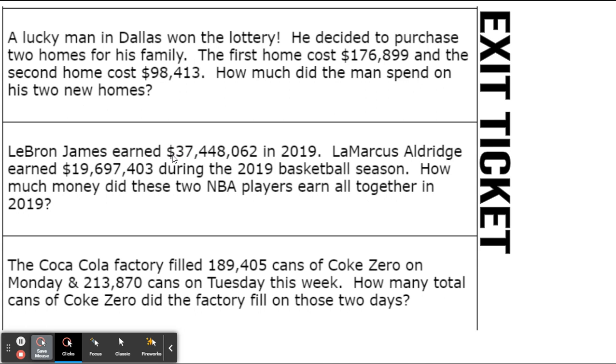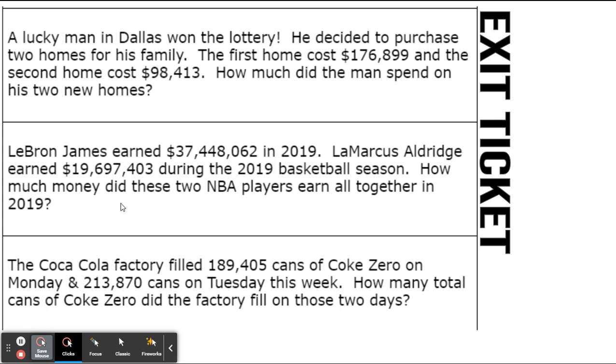Another thing I saw was with the regrouping that we would add correctly, but we would forget to put the digit. If it was 11, we would forget to put the one that's in the tens place in the next column. So neatness and just making sure you're writing down the right number.